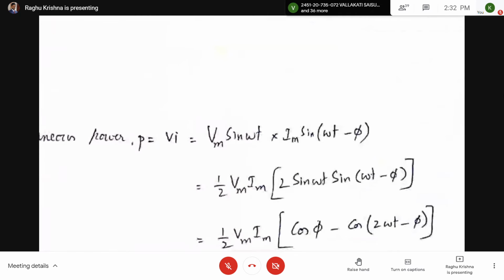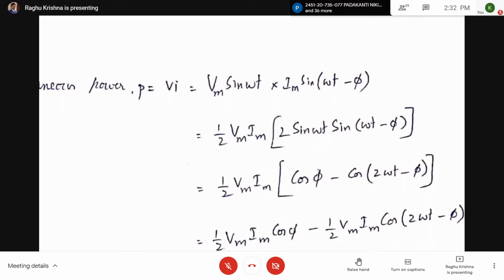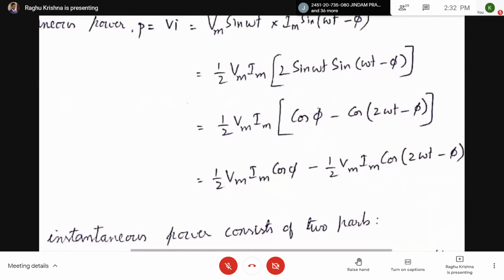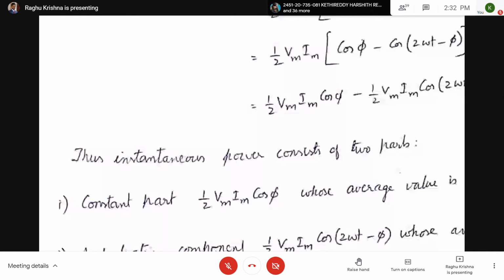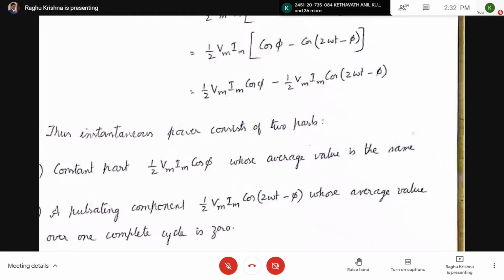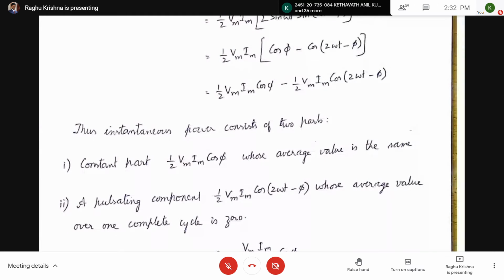Here we express sin omega t into sin(omega t minus phi) as cos(a minus b) minus cos(a plus b). So finally you are going to get this. This consists of two parts. The constant part, 1 by 2 Vm Im cos phi, whose average value is the same, since a constant's average is that constant value.